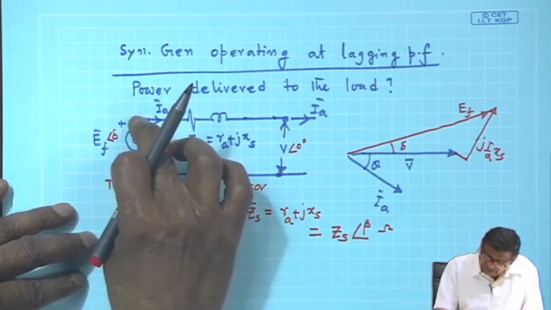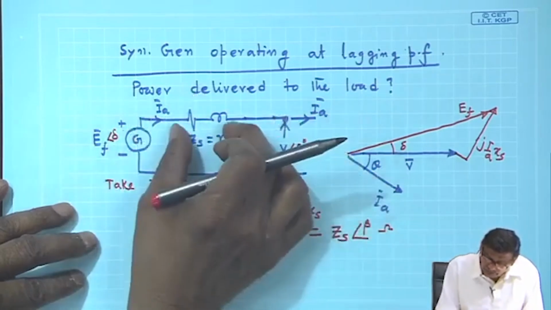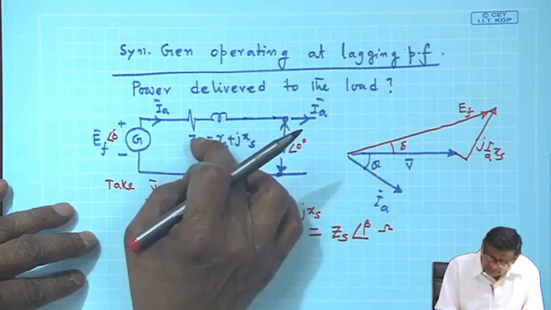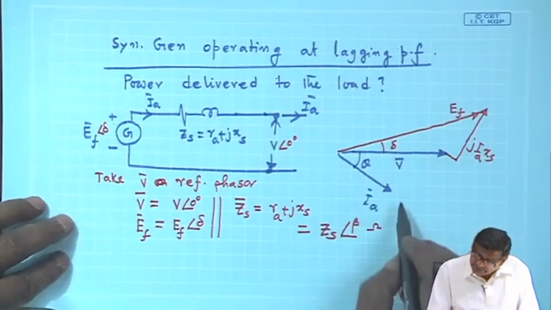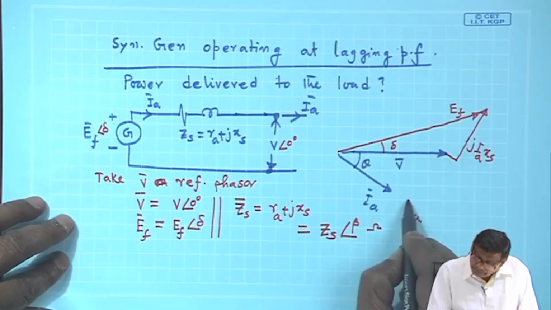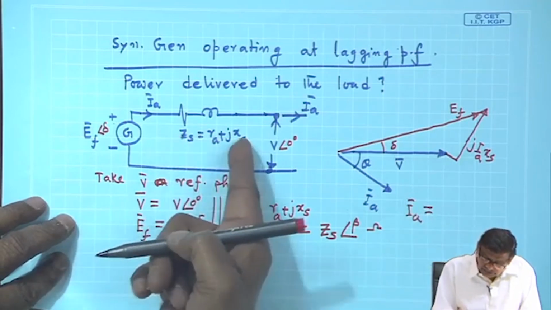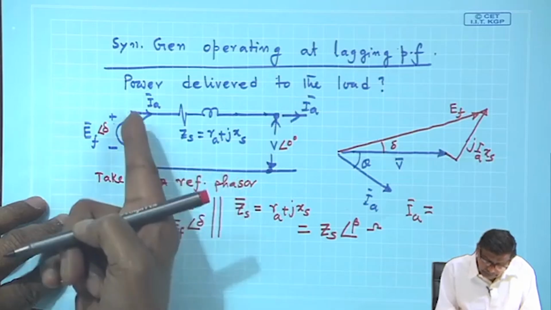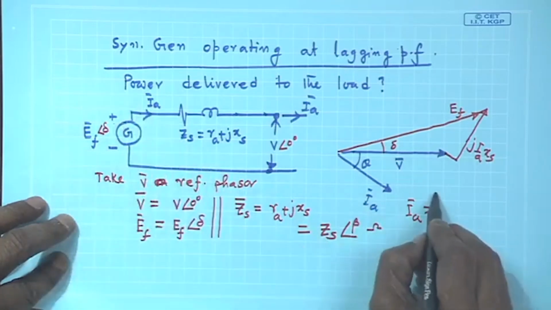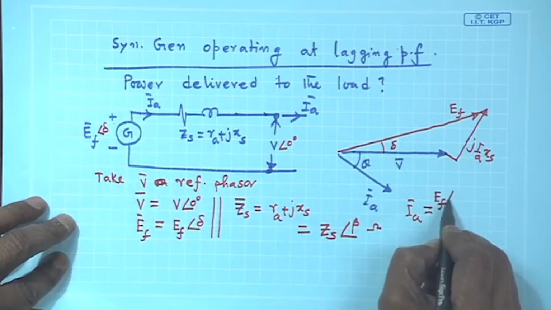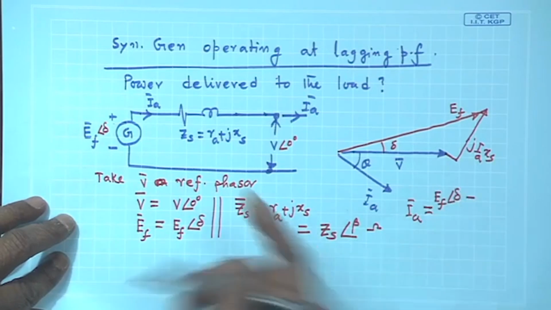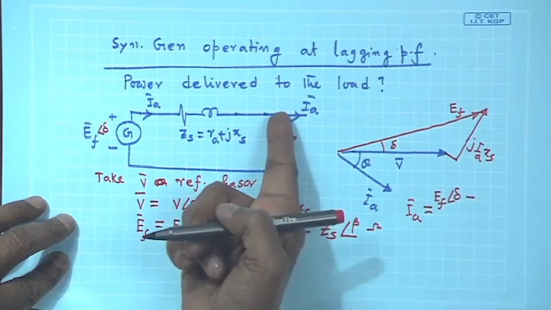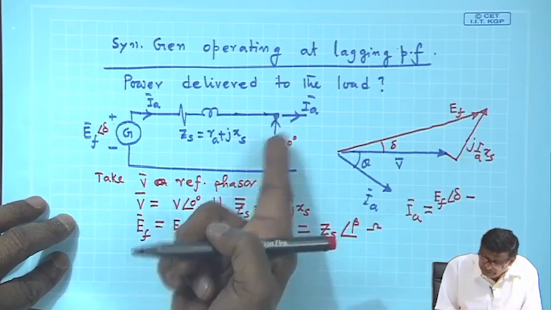So, this voltage minus this voltage is the voltage across this, divided by Z s. So, I can write I A to be voltage across Z s. This is the common point. With respect to this point, the potential of this point is E f angle delta, minus potential of this point with respect to the same point, which is V angle 0.